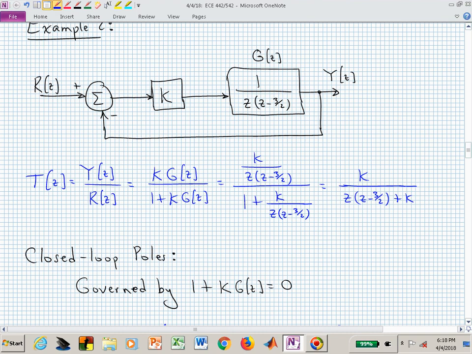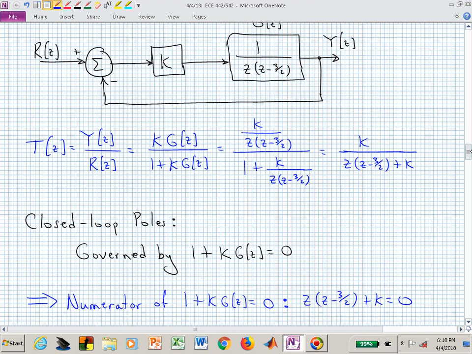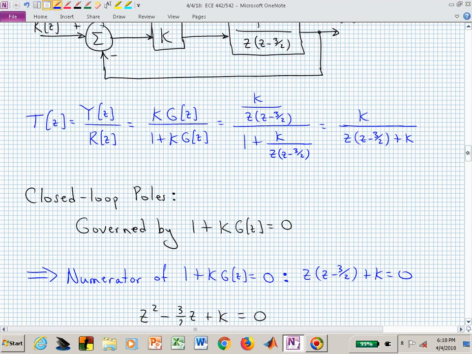So if I talk about the numerator of the denominator, you know what I'm talking about. Maybe. It sounds a little weird, but the numerator of 1 plus Kg of Z is really the denominator of your closed loop transfer function. And that's what we're looking for: those values of Z that cause that to vanish. And those are your closed loop poles.